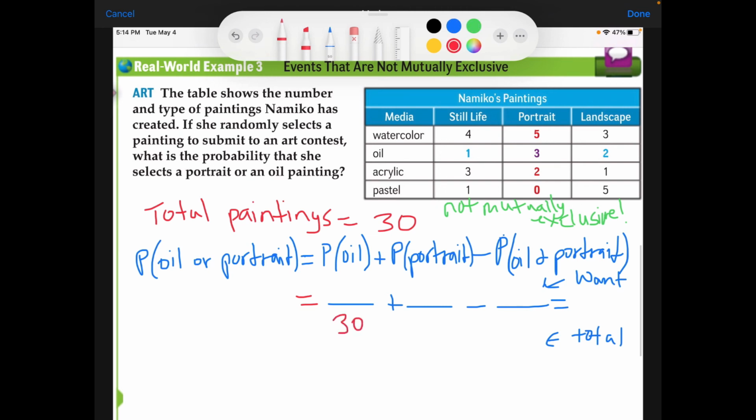Okay, how many of them are oil paintings? Well, we've got 1 that's a still life, 3 that's a portrait, and 2 that is a landscape. So what we're going to do is add those together. This plus this plus this, and that's going to equal 6.